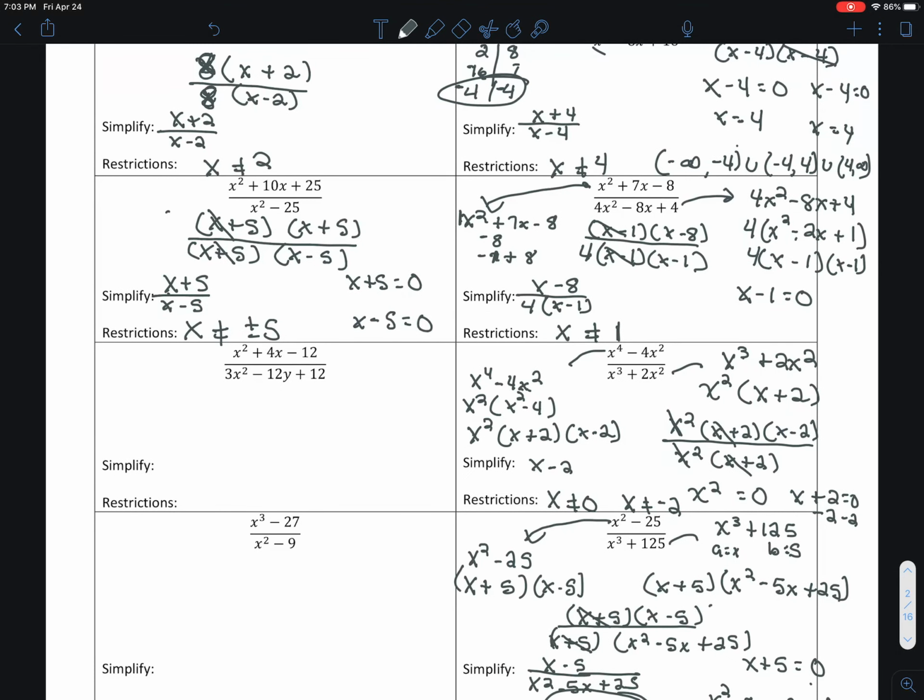Okay, the next one would be x minus 6, x plus 6, x minus 2. And then I'm going to factor out a 3 here. I can't do that in my head. x squared minus 4x plus 4.